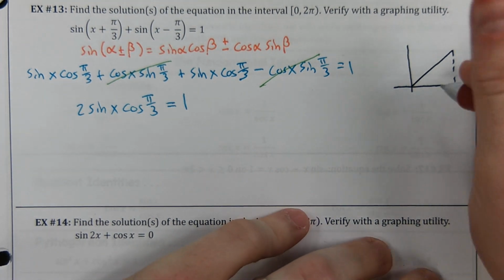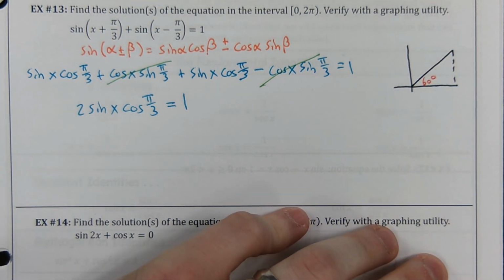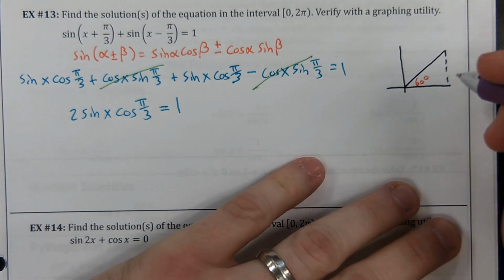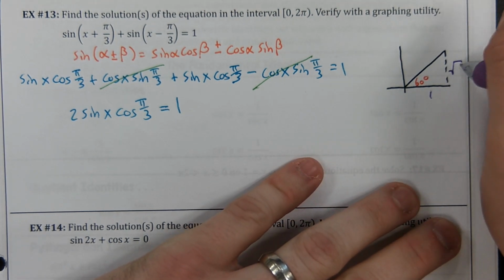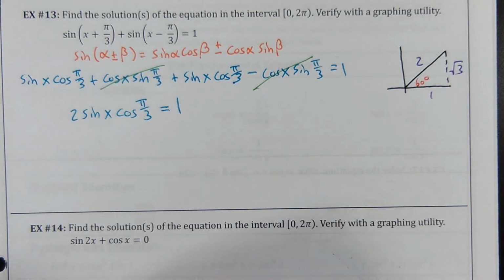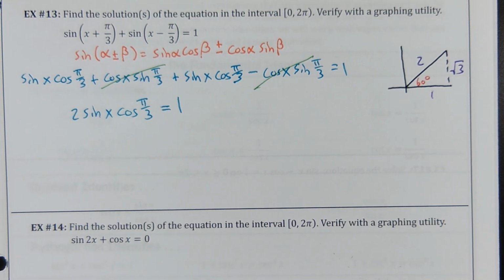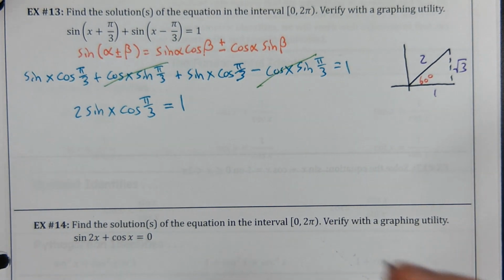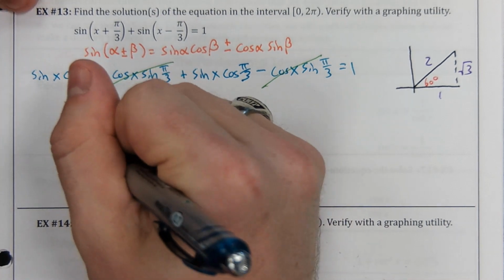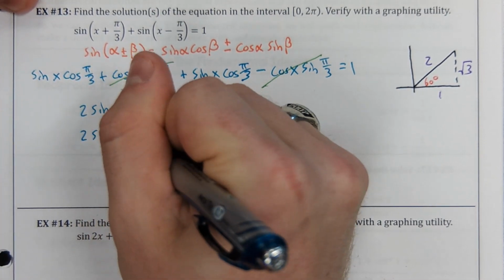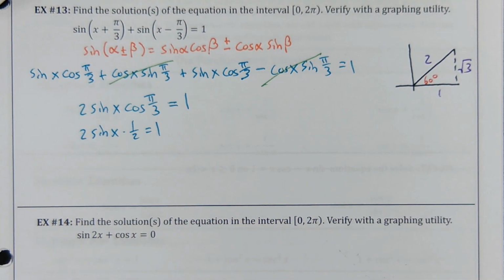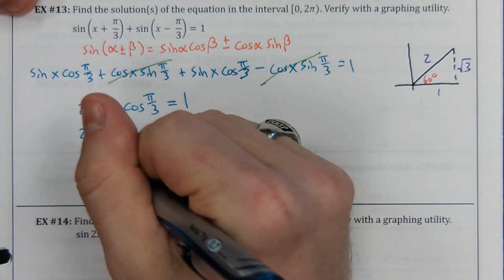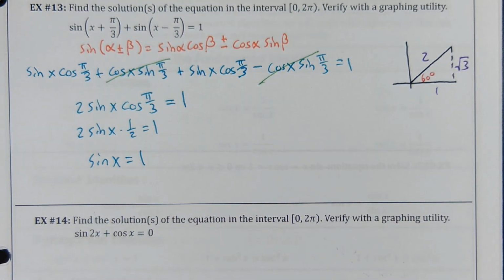Pi over 3 is 60 degrees. Let's fill out this triangle. Cosine here is 1/2. Two times 1/2 is 1. So this question boils down to, when is sine of x equal to 1 on the first circle?